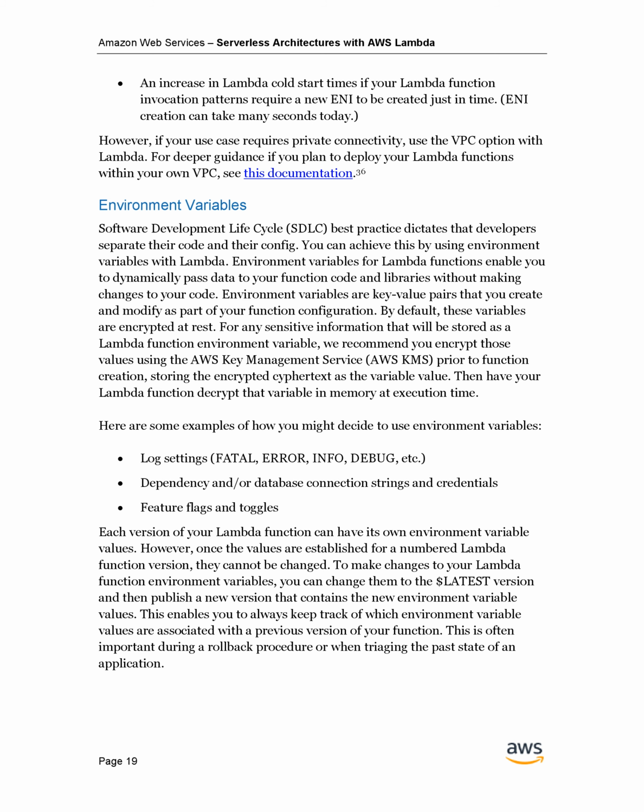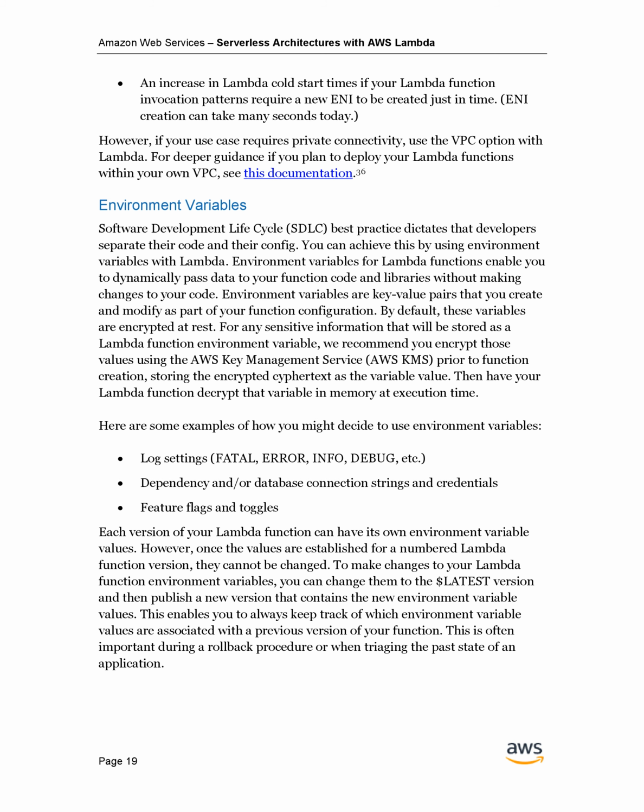ENI creation can take many seconds today. However, if your use case requires private connectivity, use the VPC option with Lambda. For deeper guidance if you plan to deploy your Lambda functions within your own VPC, see this documentation.